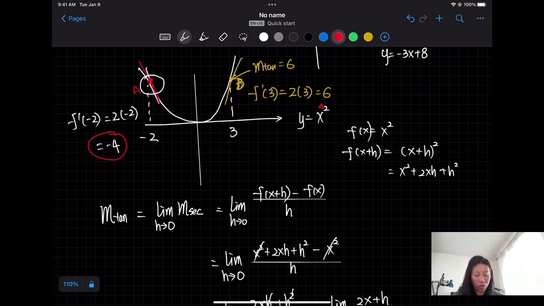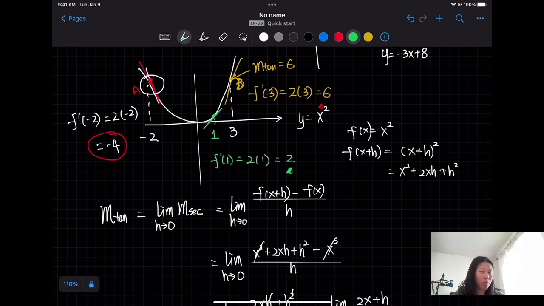We can also compare to another slope, such as at x equals 1. So f prime of 1 equals 2 times 1, which equals 2. So the slope at x equals 1 is 2, whereas the slope at x equals 3 is 6. Do you see the differences here?